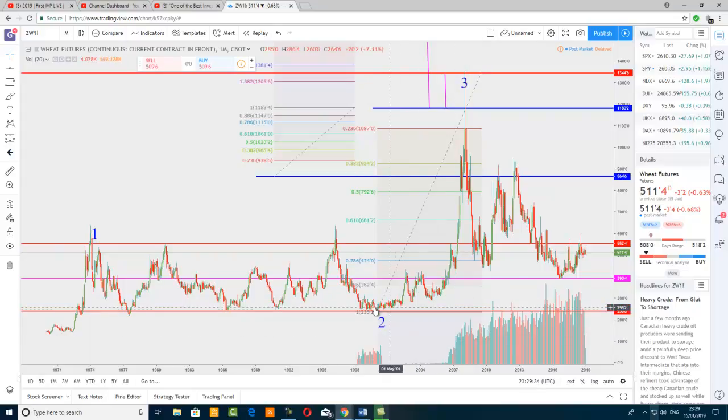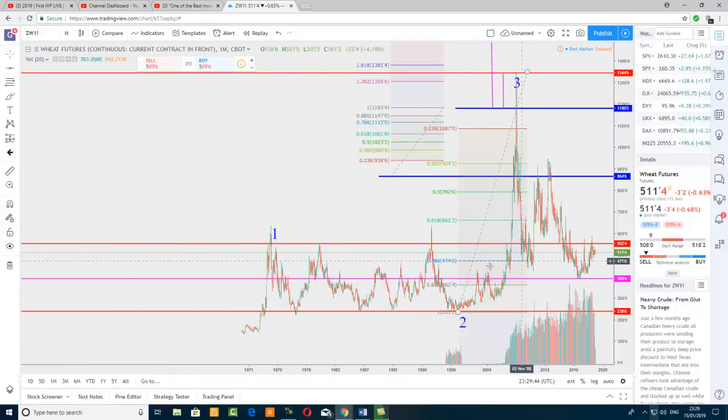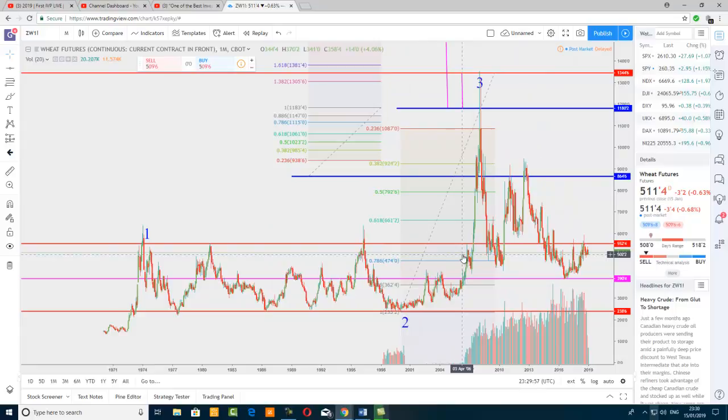Is this truly the third wave, or is this just the first wave? Because of how far this fourth wave went down to the 78.6%, even a little bit below it, of the third wave, with a question mark on it. Is this the first wave or the third wave? But we leave it as it is. You can do that sometimes, and we just work with what we got today.